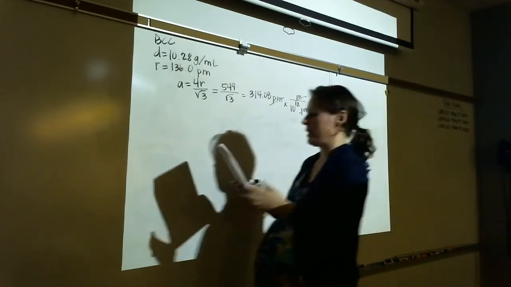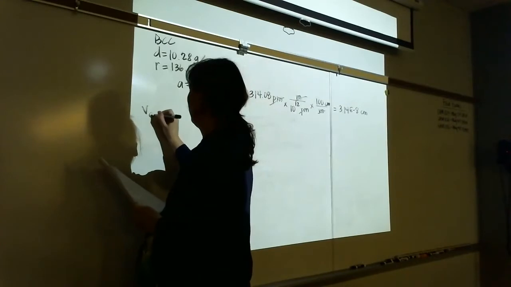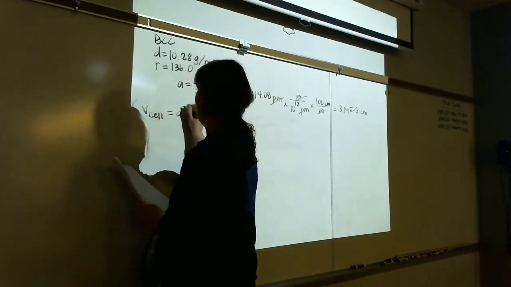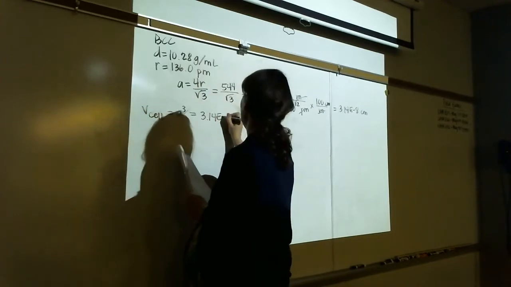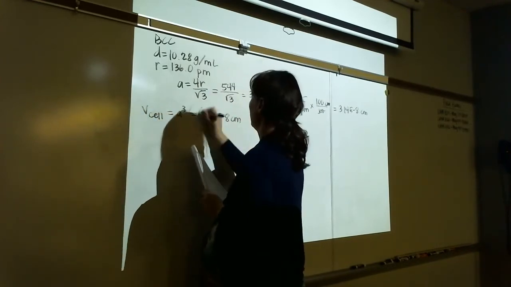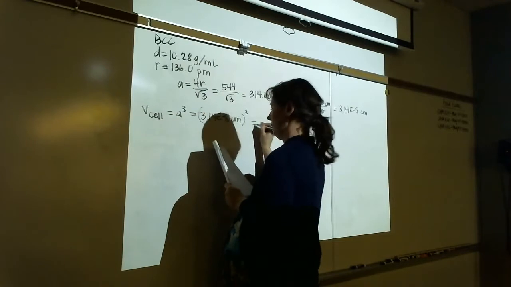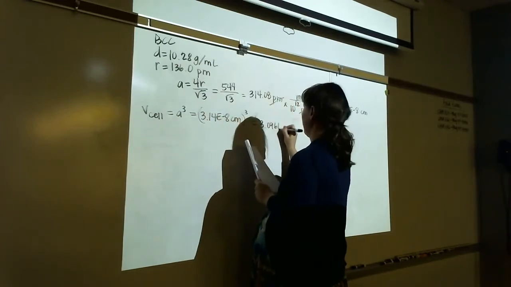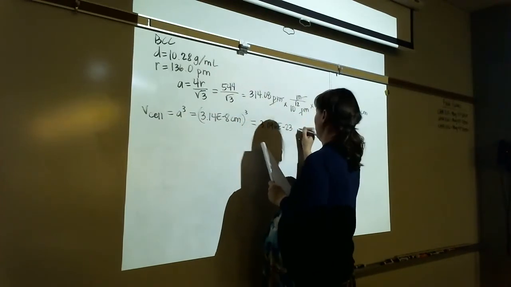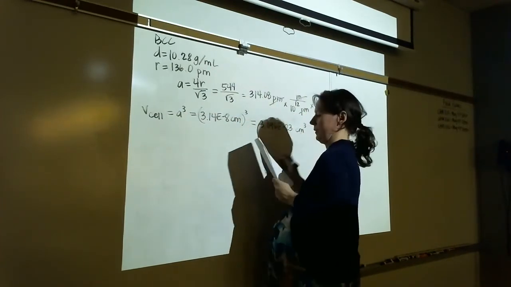All right, let's get V cell. V cell is just a cubed. So that's 3.14 times 10 to the negative 8 centimeters. I want to cube that. So I got 3.096 times 10 to the negative 23rd centimeters cubed.